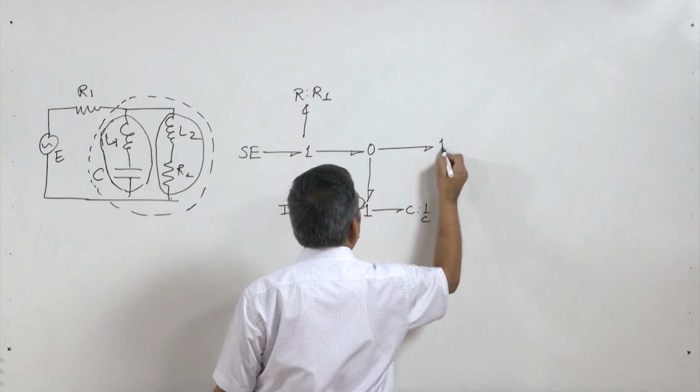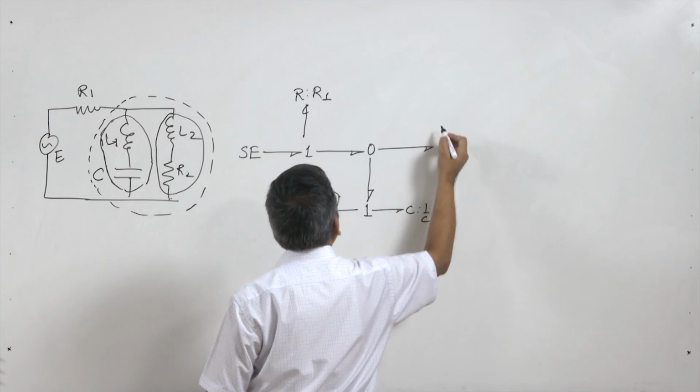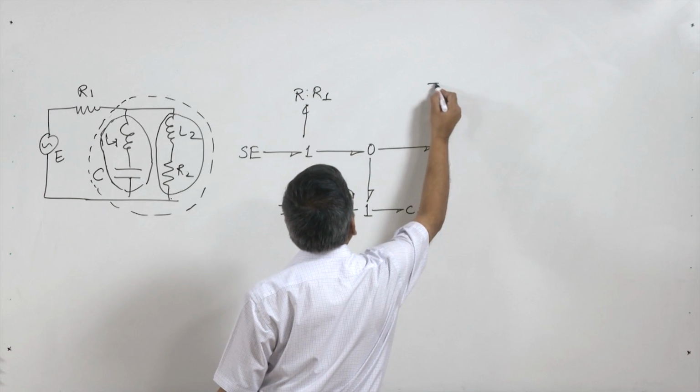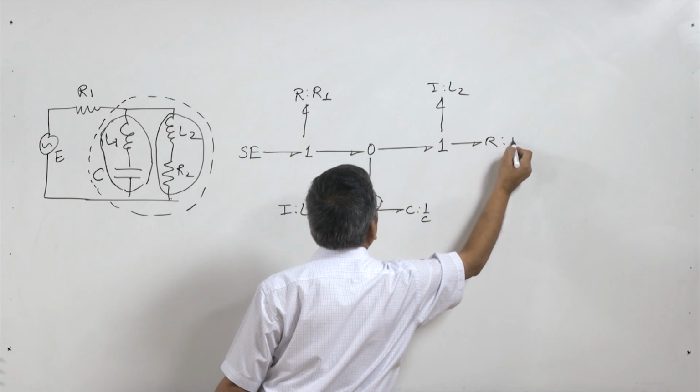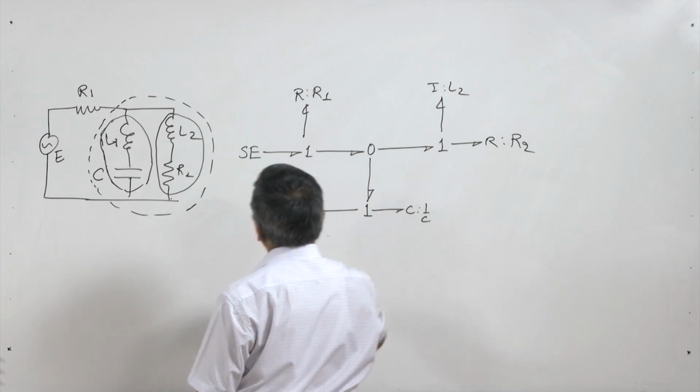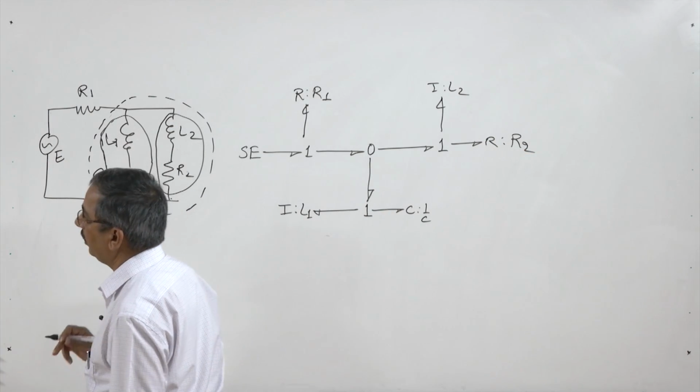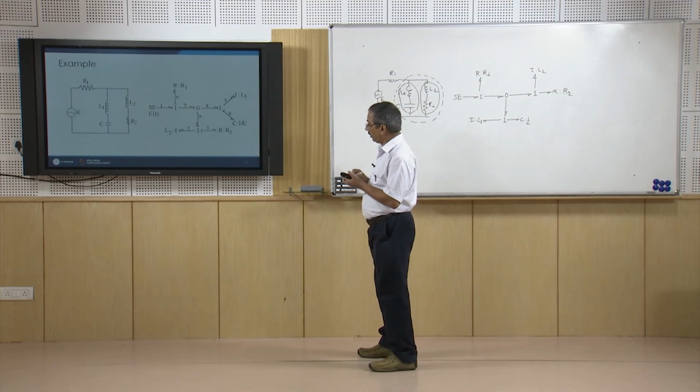So, I can put a 1 junction here and then I can put say I is equal to L2 and R is equal to R2. So, this way I can draw the bond graph model for this system.